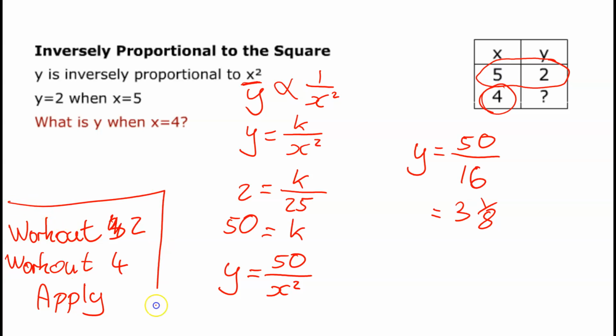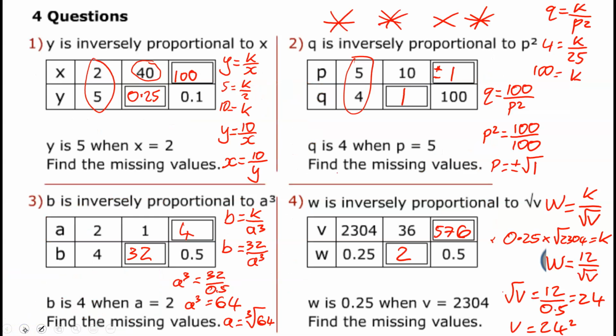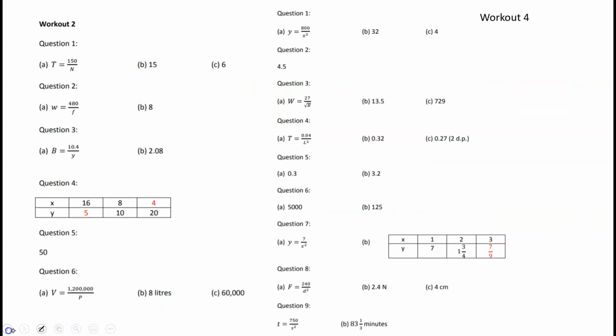So there's 3 sections for you to do today from that worksheet. These 2 are on indirect, and this one is on a mixture. You'll have already spotted the next slides actually have the answers on.